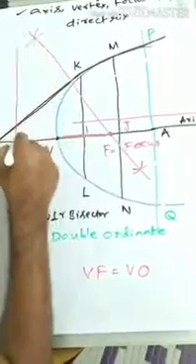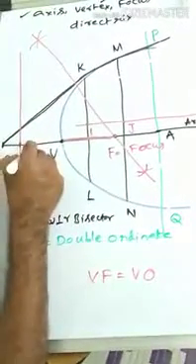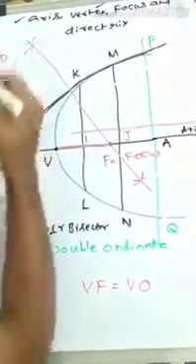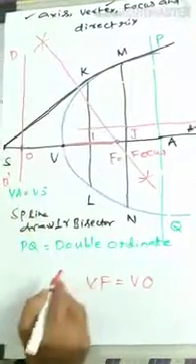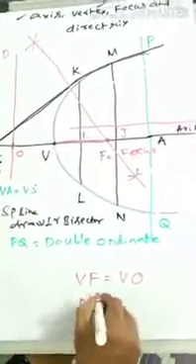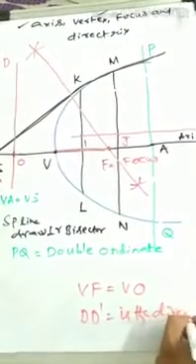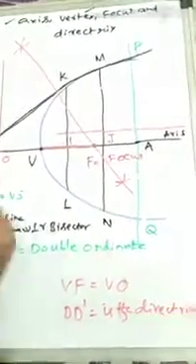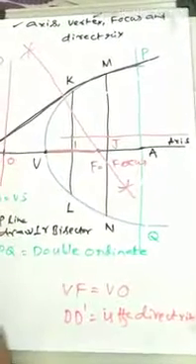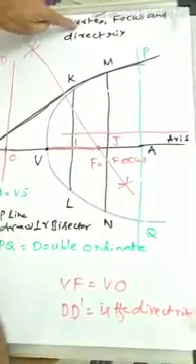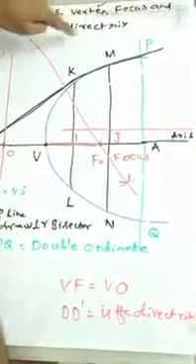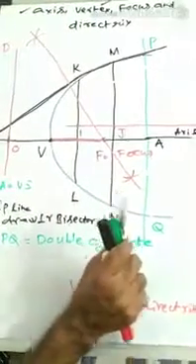This is going to be its directrix, D D dash. So for the parabola, you have to locate the axis, vertex, focus, directrix. This is the procedure. Thank you.